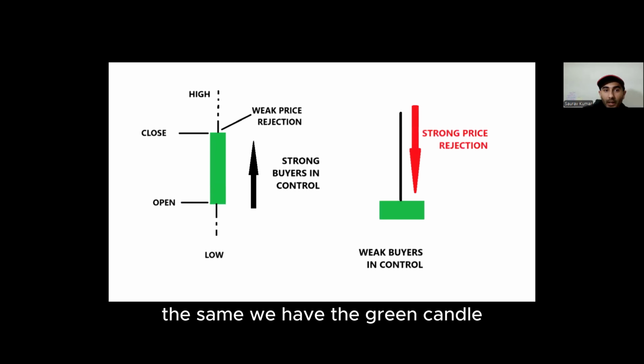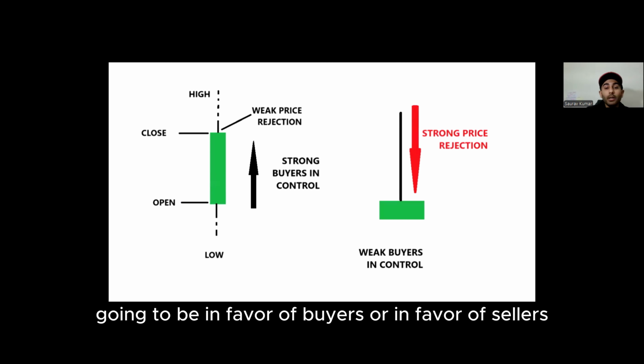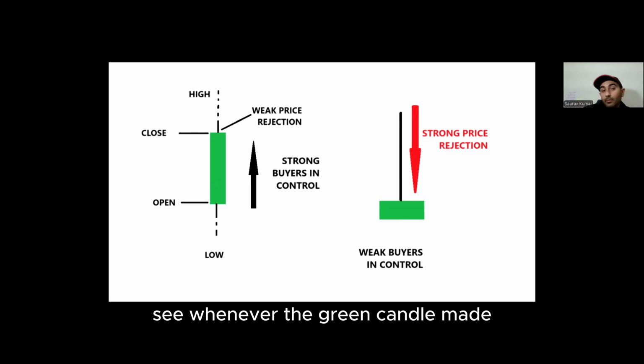We have the green candle, and it represents who is in control. The first thing we have to see is whether the market is in favor of buyers or sellers. Whenever a green candle forms, it shows strong buyers in control, which means the price is going higher.